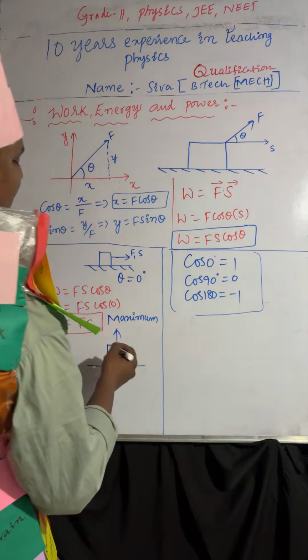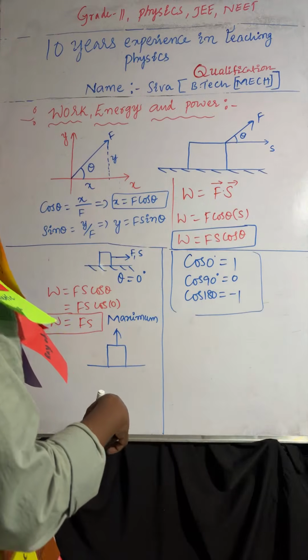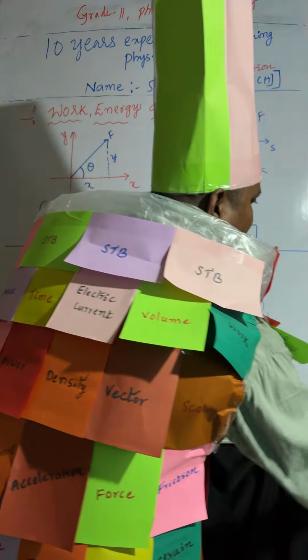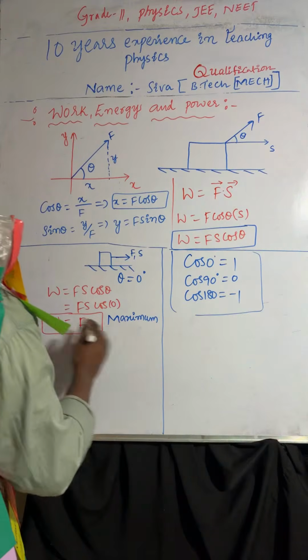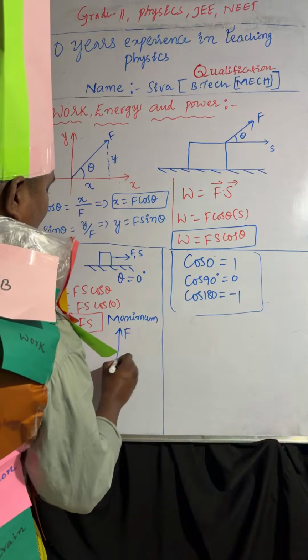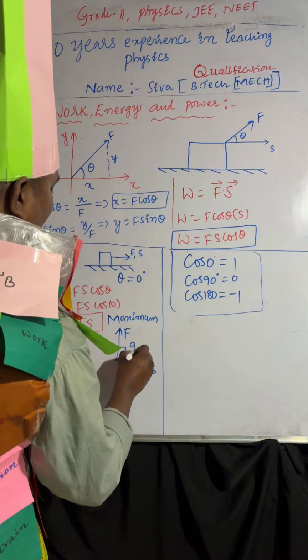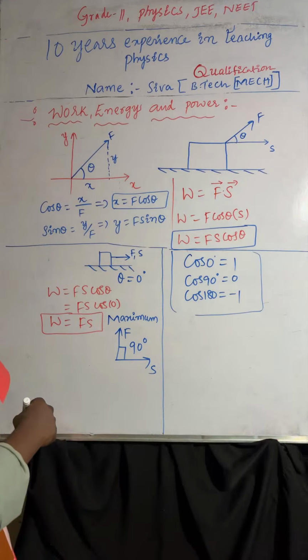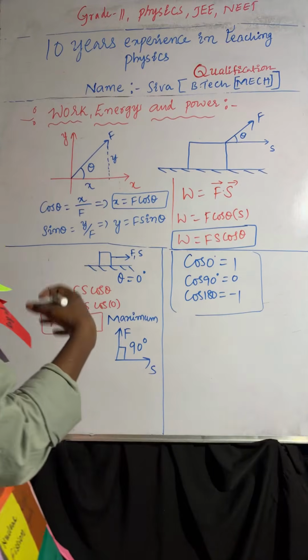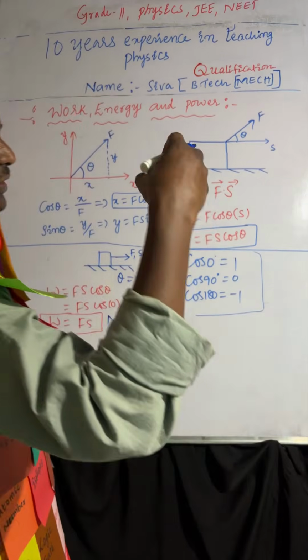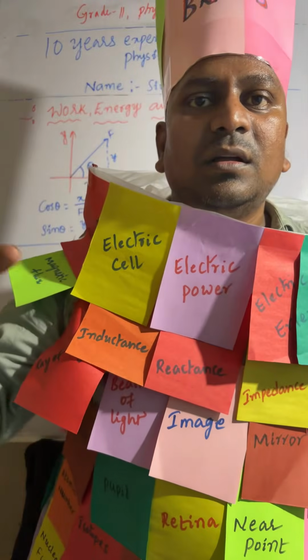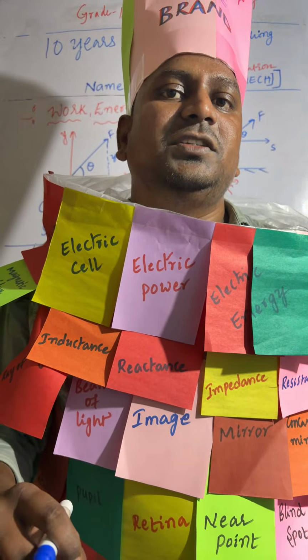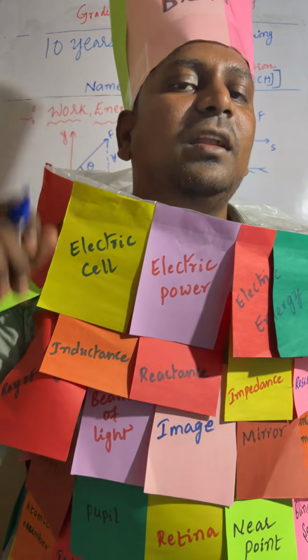Force and displacement are acting perpendicular to each other. If force and displacement are acting perpendicular, then the angle between force and displacement is 90 degrees. The best example is when the porter is carrying the load: gravity acts in the downward direction, while displacement is along the horizontal direction.